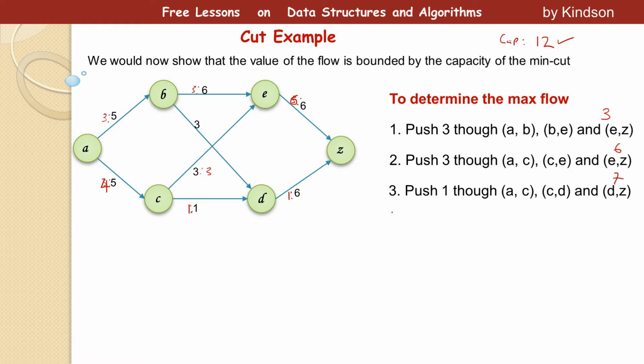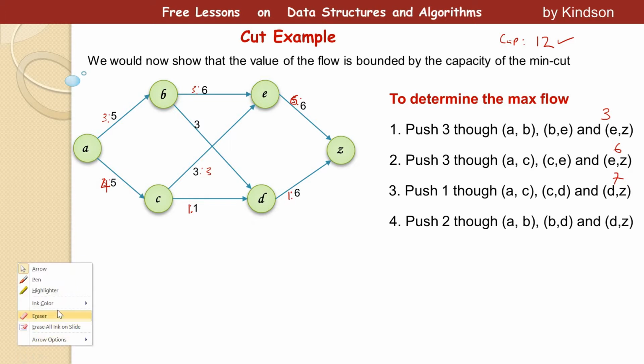So let's try to take one more step. Let's try to, because we see that this BD is not used. So let's try to see if we can push 2 through this place. So if we push 2 through AB, from AB, BD, and DZ, 2. And let's see how it goes. So at this point, this one becomes what?